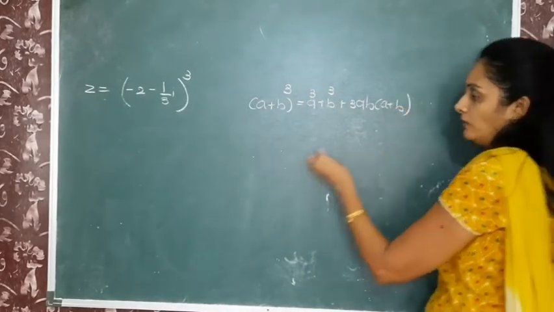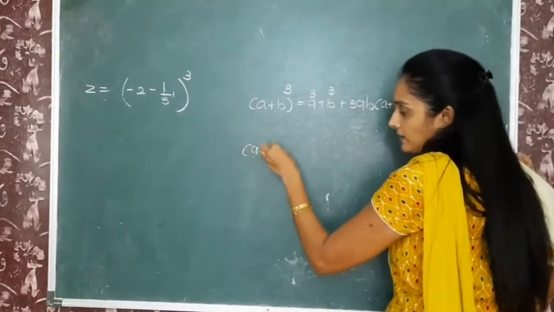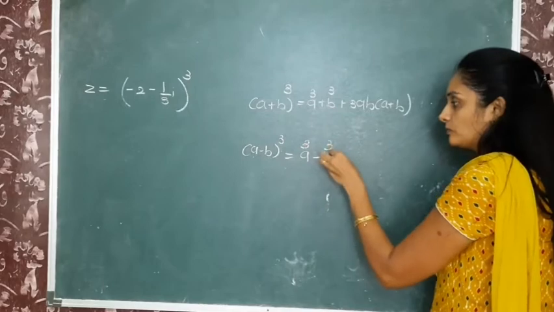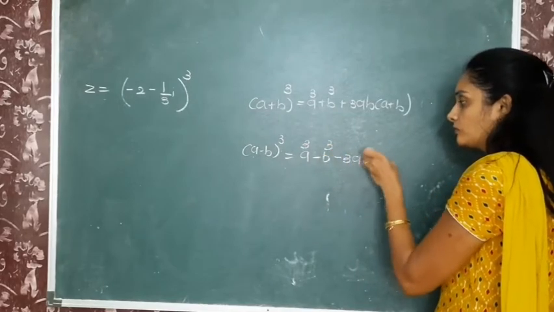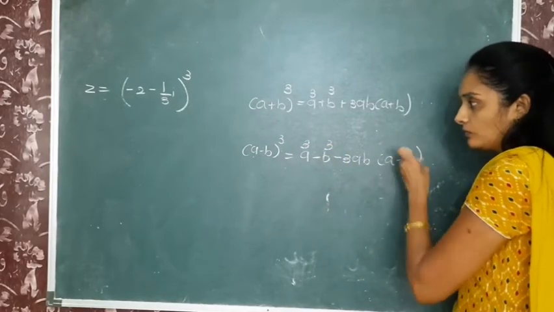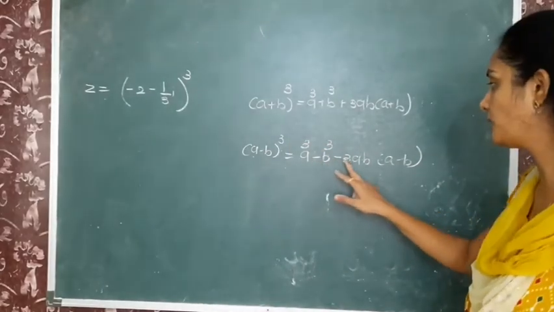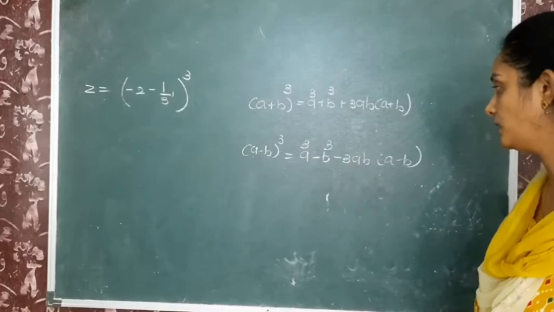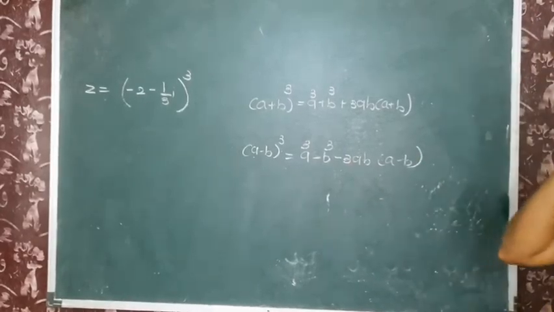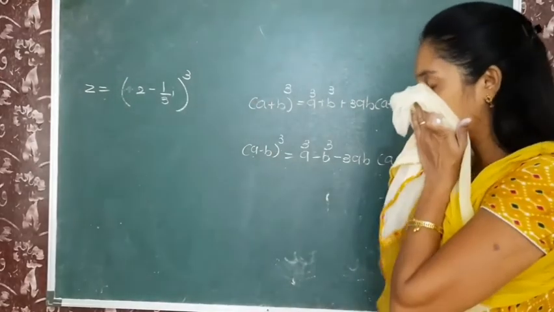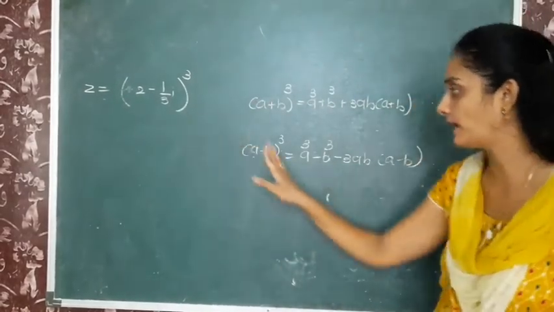If the sum is a minus b whole cube, then the formula is a cube minus b cube minus 3ab in the bracket a minus b. If the sum is given like this, 2 minus 1 by 3i, then we apply this formula.